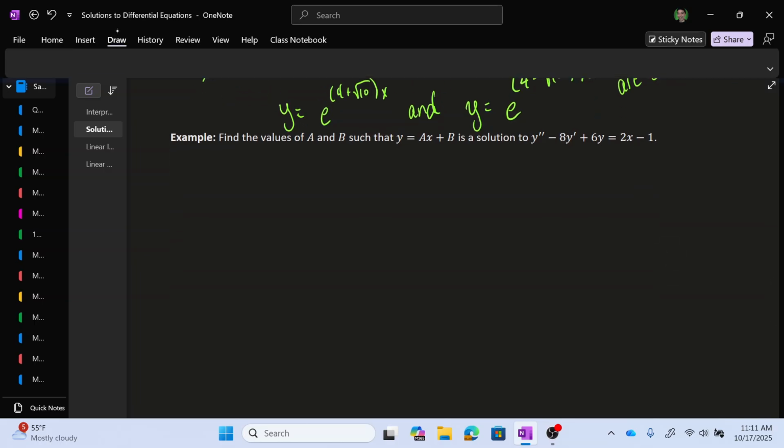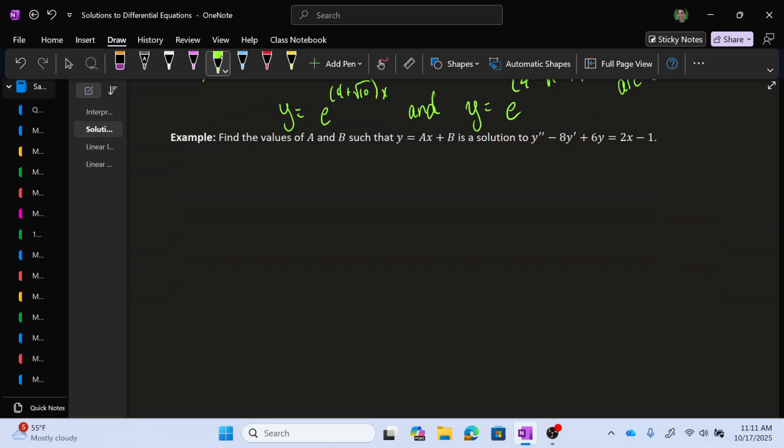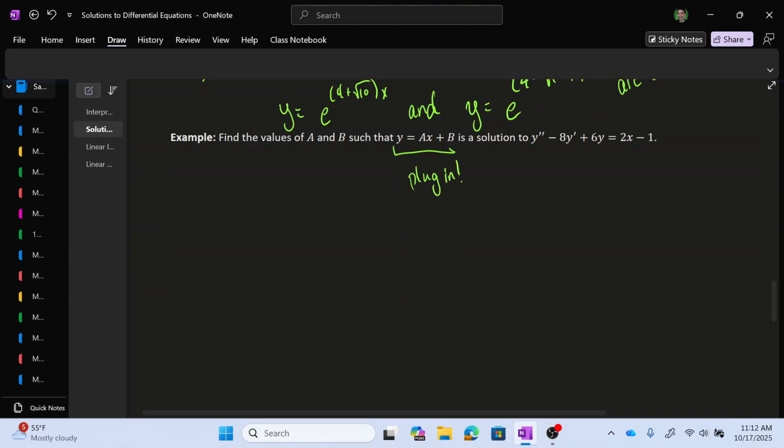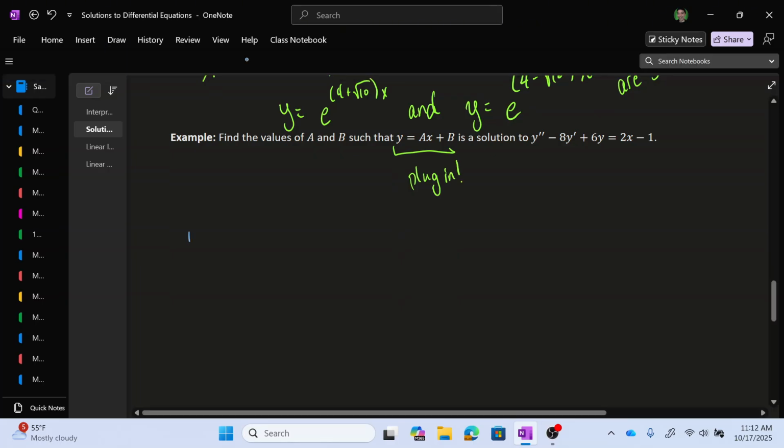So the template has changed and the equation has changed, but the overall process remains the same. I'm going to take this template, plug it into the equation, and use that to determine the values of A and B here. Plug it in. So if y is linear, then the first derivative will just be the slope of the line, this constant called a.